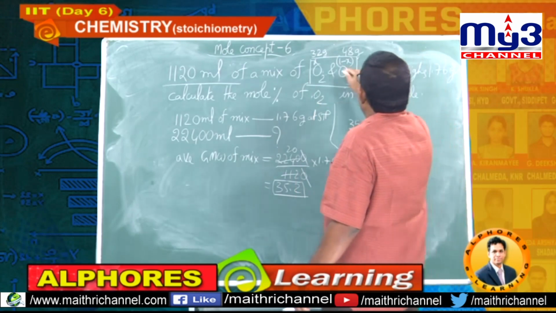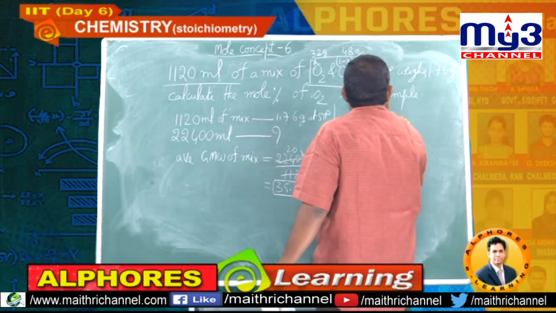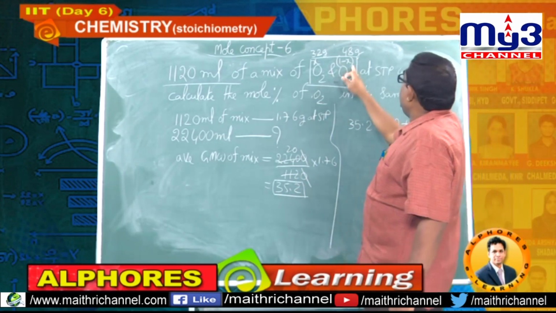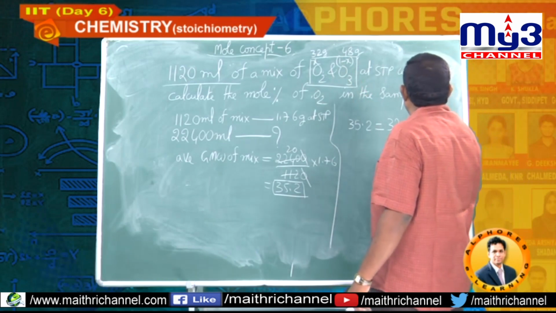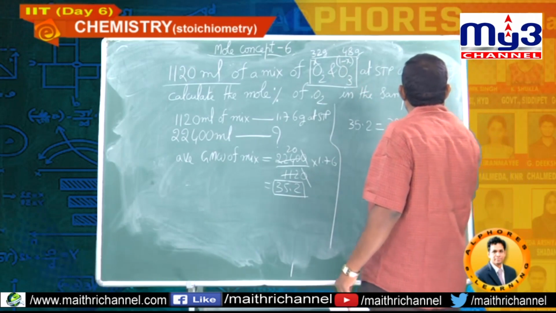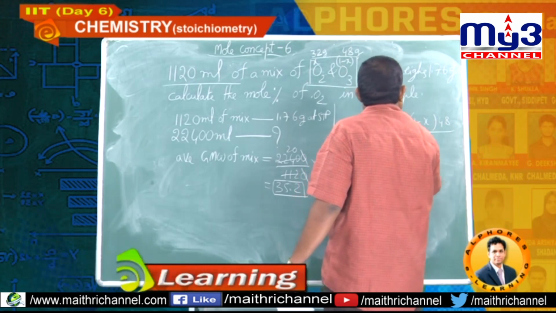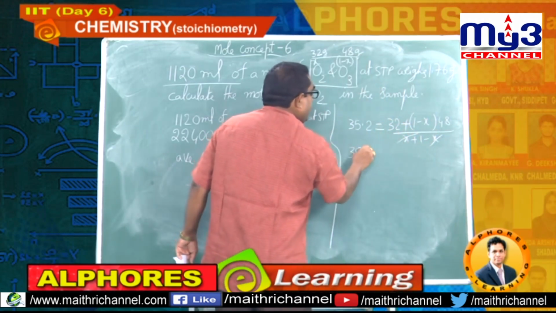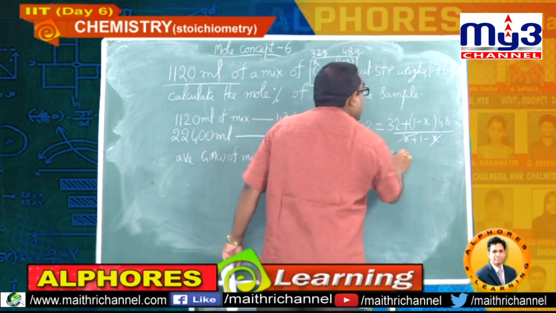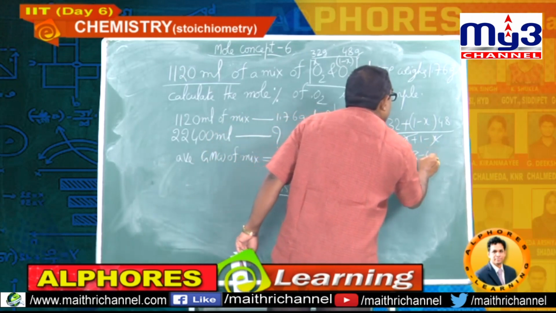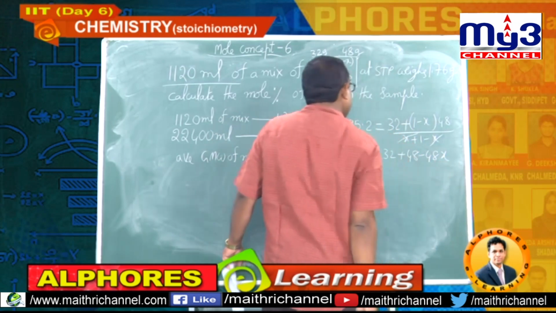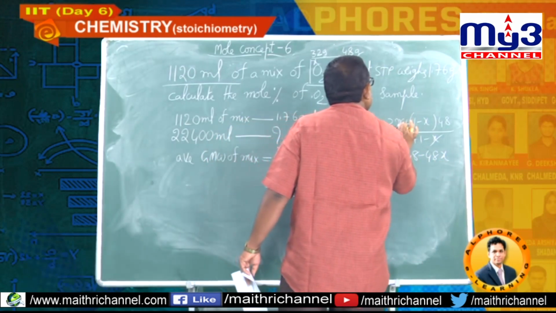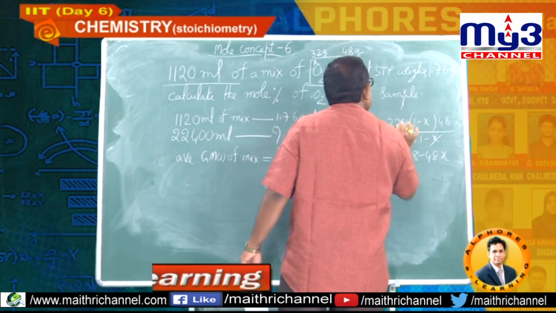X into molar mass of oxygen 32 plus 1 minus X into molar mass of ozone, that is 48, divided by X plus 1 minus X. Again you can do the calculation. 35.2 is equal to 32X plus 48 minus 48X. 32X here, sorry, please correct it, 32X.